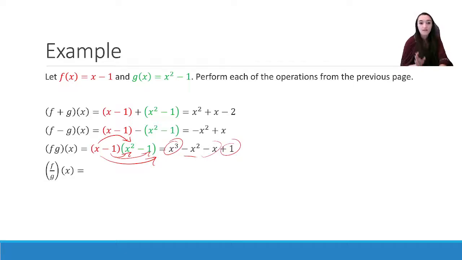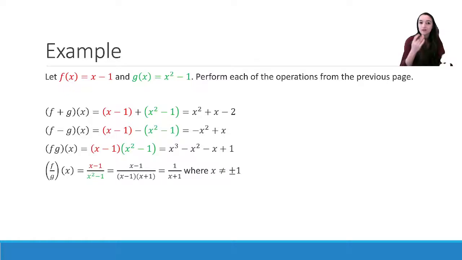Finally, f over g of x is f of x divided by g of x, or f of x over g of x. So we just take all of f of x, divide it by g of x. Now in this case, I have shown how we can simplify this function. This is not always going to be the case. In fact, it is rarely going to be the case. But in this case, we can simplify it. So I factored x squared minus 1 and then canceled.